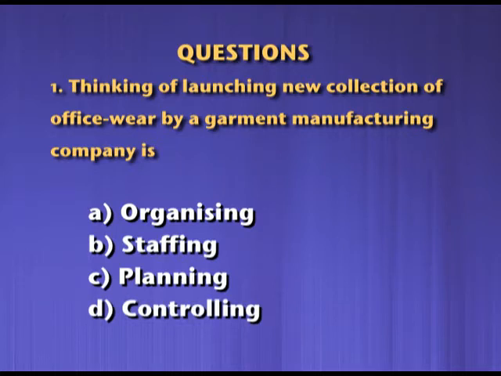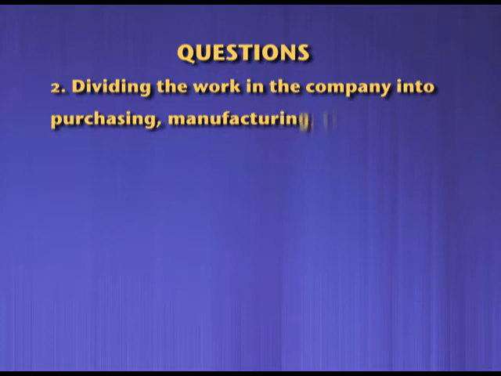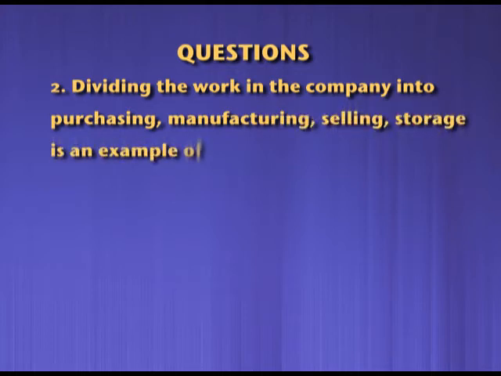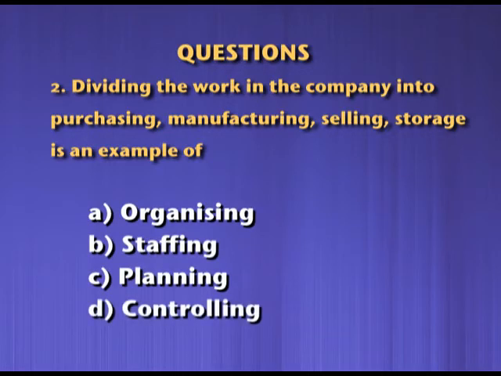And the correct answer is C, Planning. Question number 2: Dividing the work in the company into purchasing, manufacturing, selling, storage is an example of organizing, staffing, planning or controlling. Students, your correct answer is organizing, your option number A.